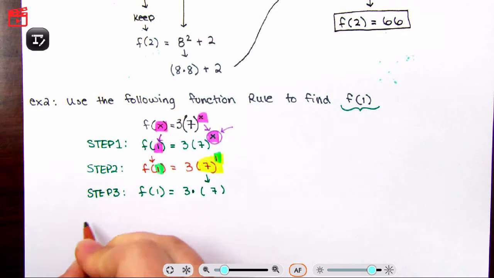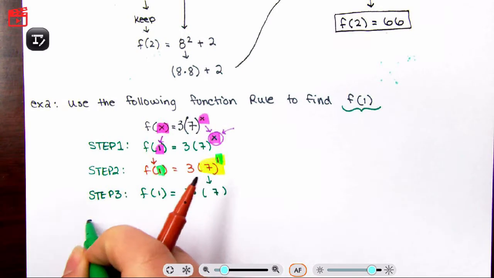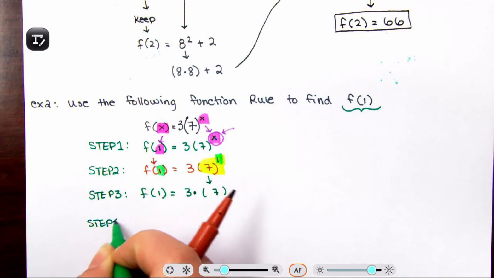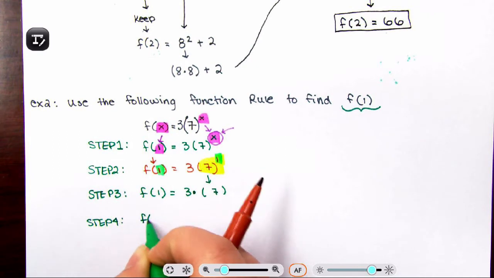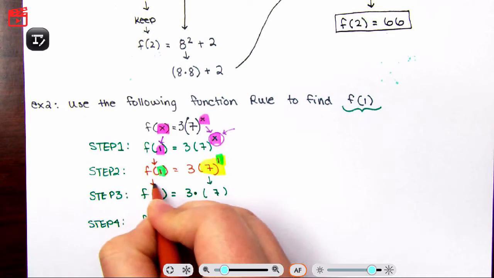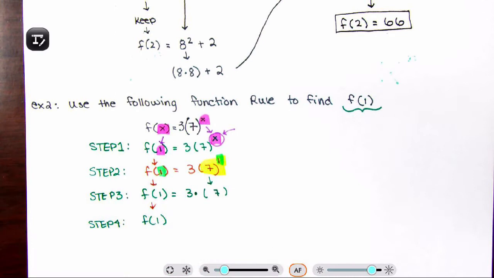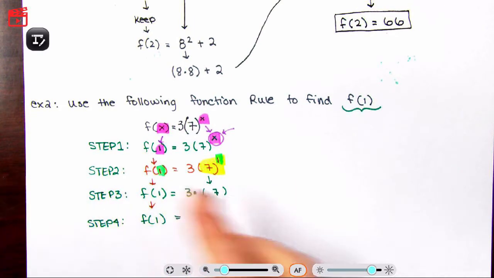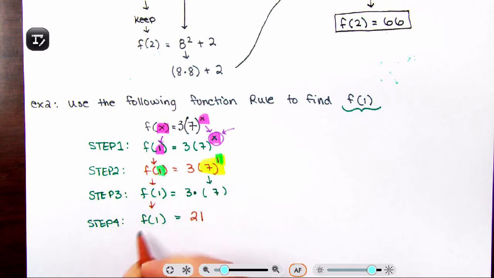And then step 4, you're going to solve. So we have f of 1. Again, remember the f of whatever on the left-hand side, you don't change it. It remains the same. 7 times 3 is 21, and then you are done. That is your answer.